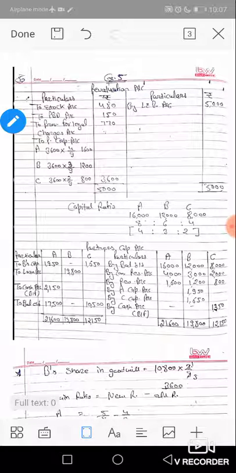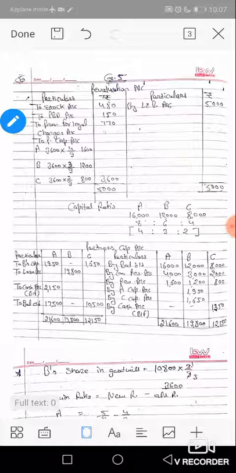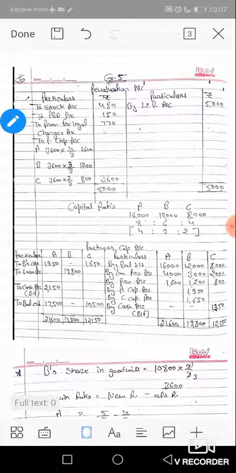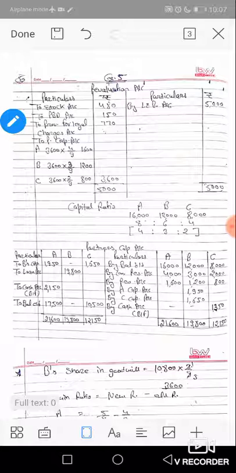We know that the retiring partner's goodwill is always adjusted in the remaining partners' capital accounts, in the gaining ratio.